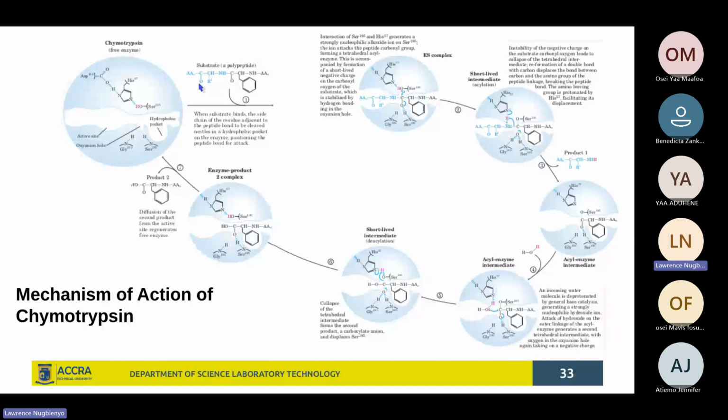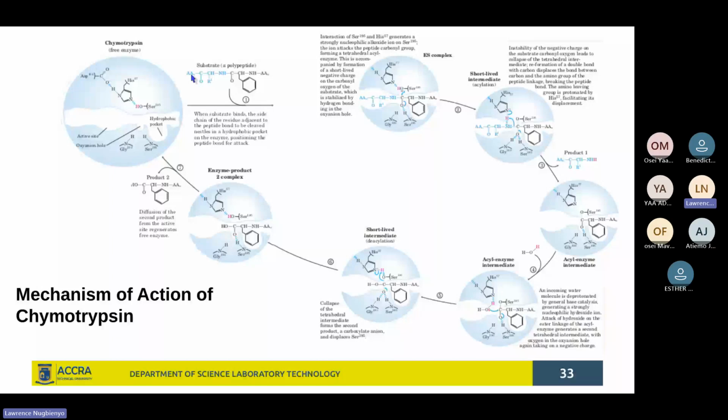And then you see that AA there, that shows that there are still a number of amino acids on the left side. And of course, the AA on the right side too means that there are more amino acids on the right-hand side. But the bond which is to be broken is between the black portion and the blue portion. That is the amide linkage, or the peptide bond, that is to be broken.